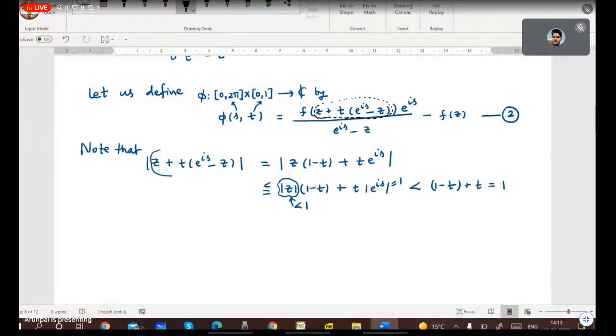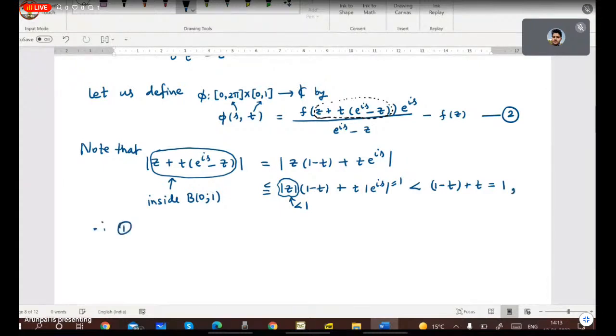It means class, this element is coming out to be in our ball. It means, rather than writing this, I must say that this is inside this ball. Is this okay, class? Yes, sir.